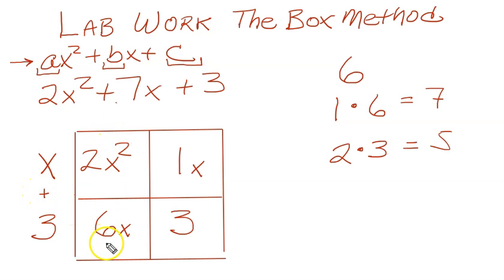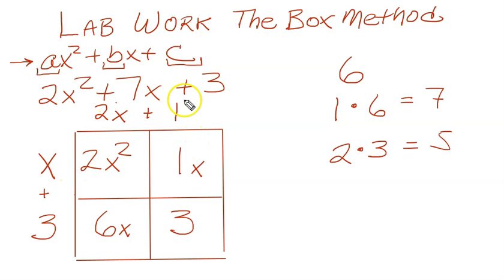Now, vertically, what can you factor out? Well, you could factor out a 2x. And from this row, what could you factor out? Well, just a 1. And this would be a plus.